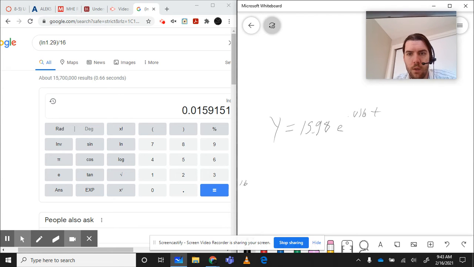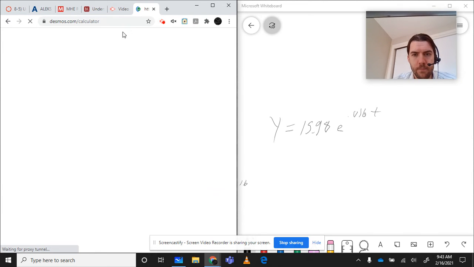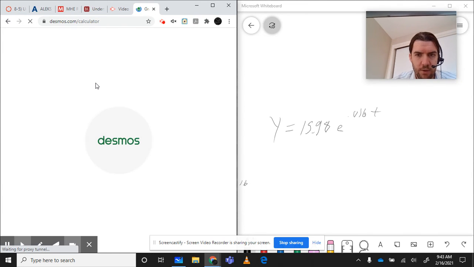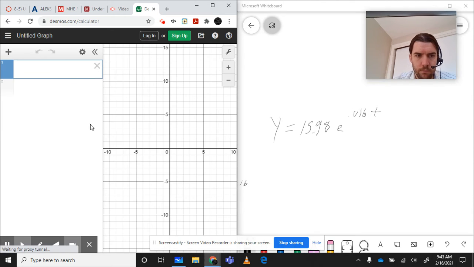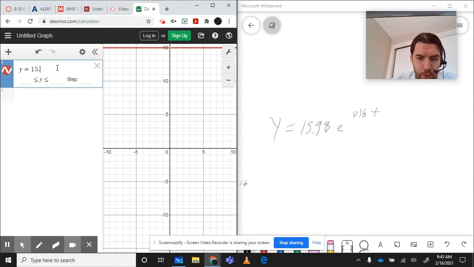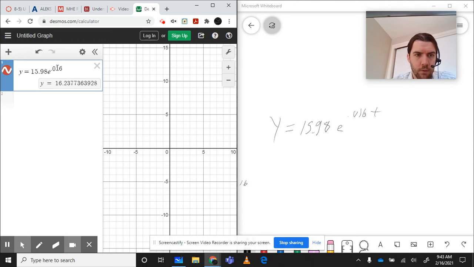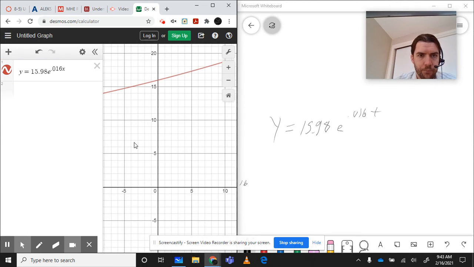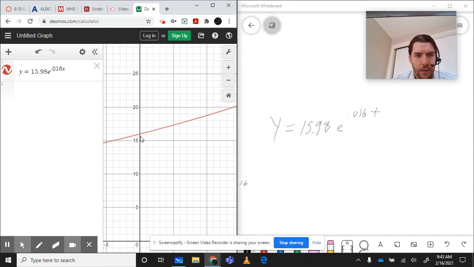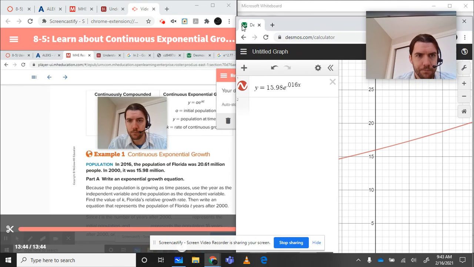Okay, so let's take that to Desmos and make sure it matches up to the values that it gives. Okay, so if I do y equals 15.98 e to the 0.016 x, we should start out at our initial time of 0 years. That stands for the year 2000 in our problem.